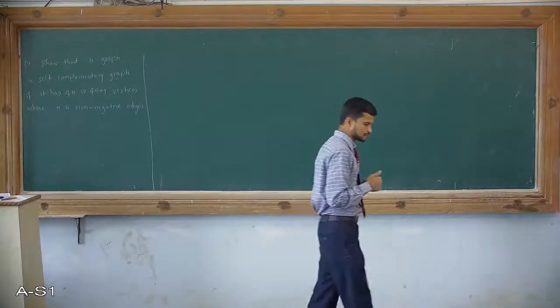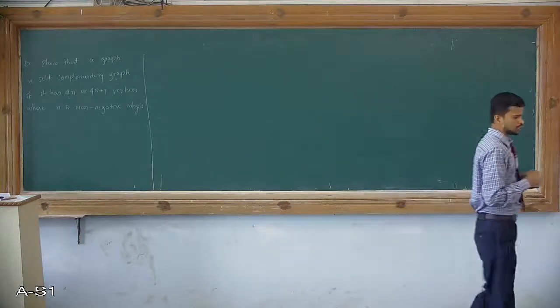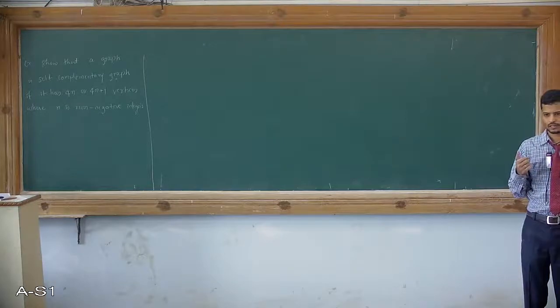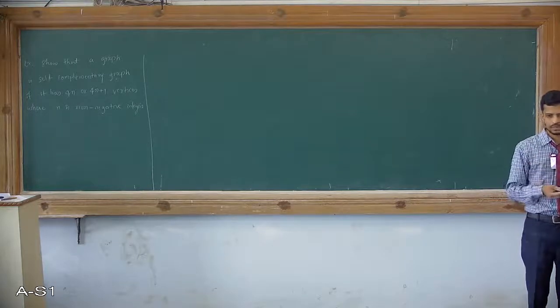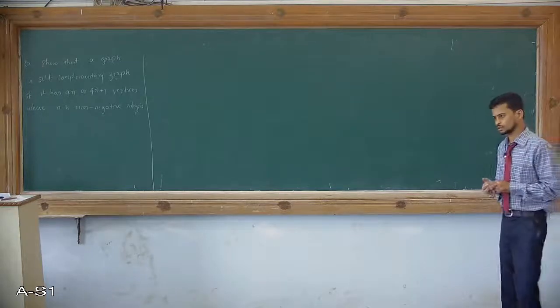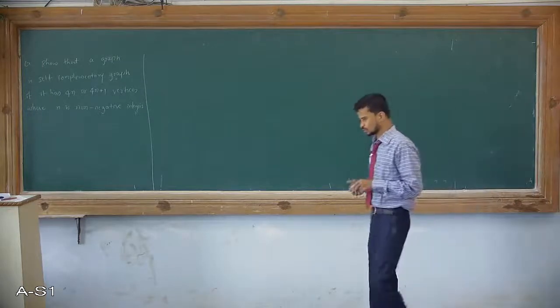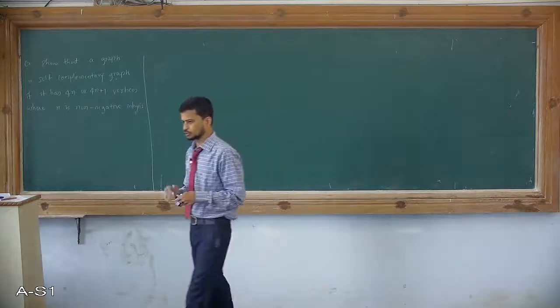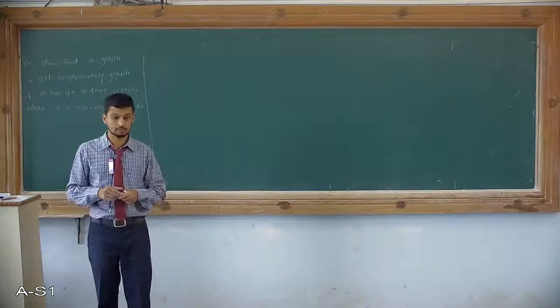Because why I am addressing this question particularly, because in an exam they may ask you to cross verify whether a graph is self-complementary or not. In a quiz also they may ask whether the below graph is isomorphic, self-complementary or not.